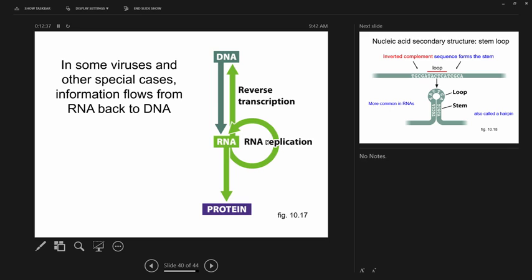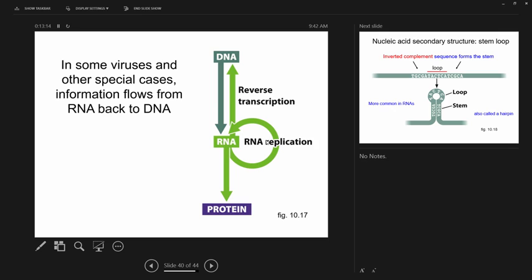Okay, so if this is the DNA that is actually going to be coding for protein, not the other strand, then that's going to be the plus strand and the bottom's going to be the minus strand.